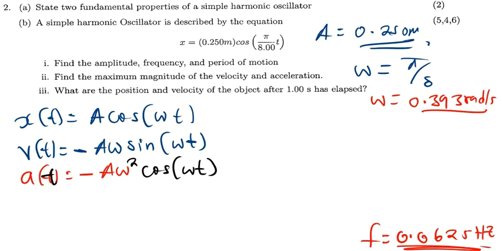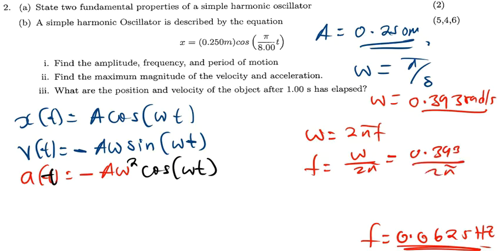Since we have 2 pi f, you can just say f will be equal to this divided by 2 pi, which is 0.393 divided by 2 pi. You end up getting the same answer, 0.0625 hertz. As simple as that.